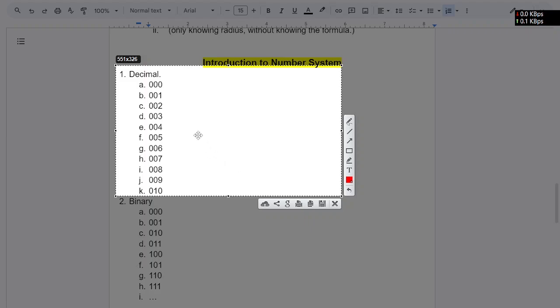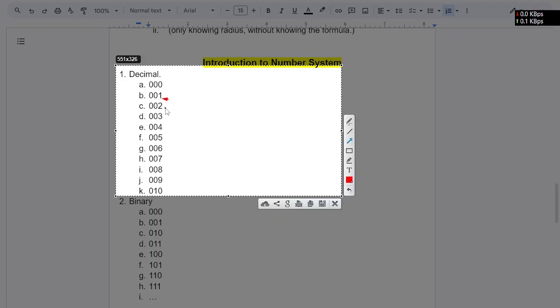If we want to produce some numbers in the decimal number system, for example, we get 3 digits for this, and if we want to increment this number by 1, we can increment this right side digit by 1.